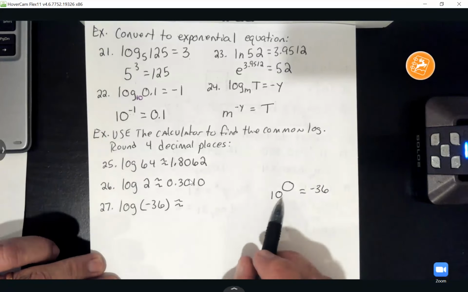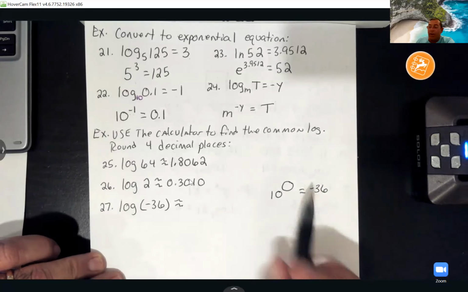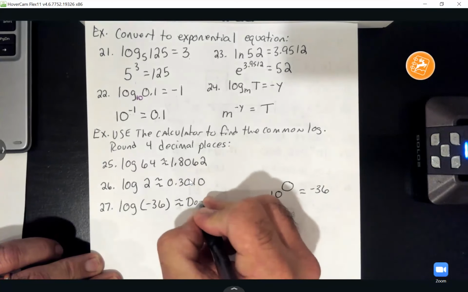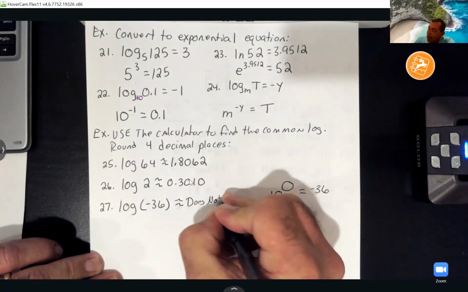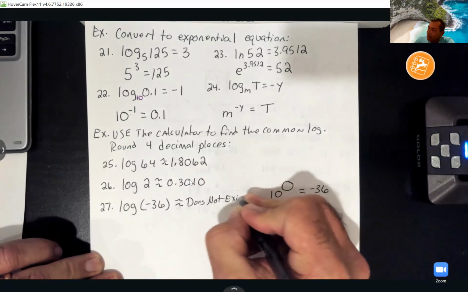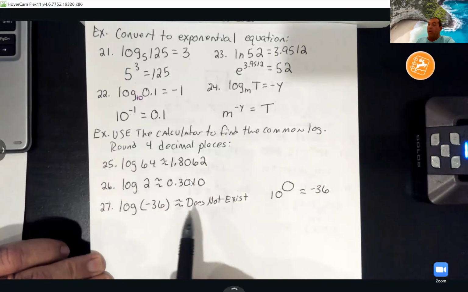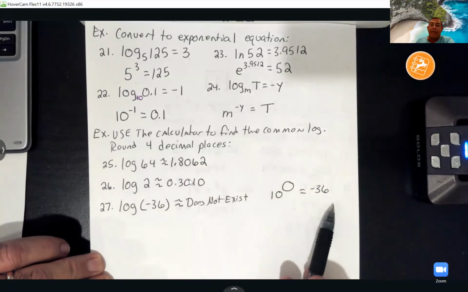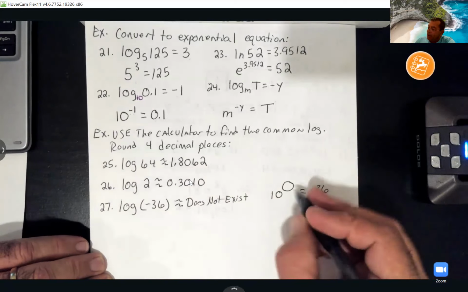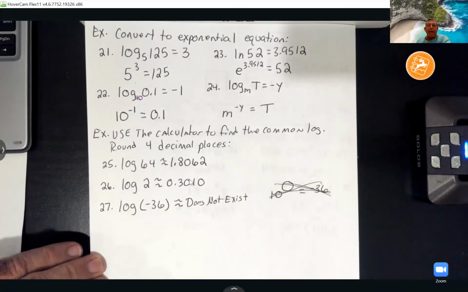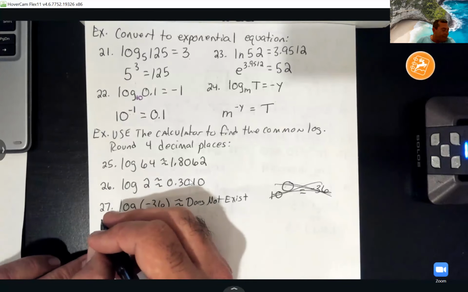So since we're not able to turn the 10 into a negative number, in math, we're going to put does not exist. So that's why your calculator says error, non-real result. Because in the real world, you can't turn a 10 into a negative number, okay? There's no exponent that I can do that with. So that's not happening in the real world.